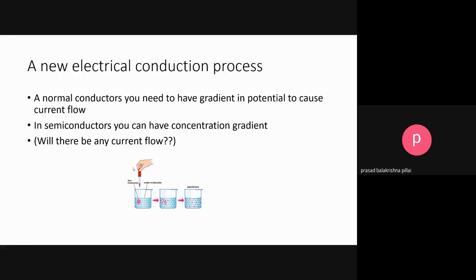A semiconductor where you have dopant variation from point to point, a spatial variation of dopant, is known as a graded semiconductor. It can be exponentially graded or linearly graded, depending upon the variation of the dopant. But graded means a concentration gradient exists from one point to another in the semiconductor.